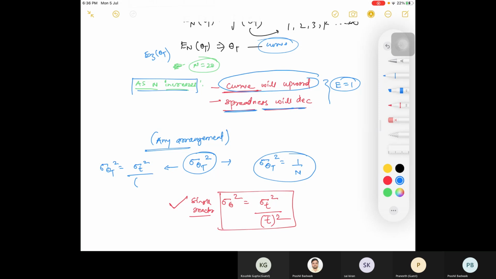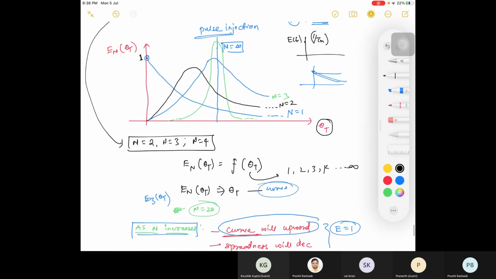You will consider tau n for the whole system. This is your formula.